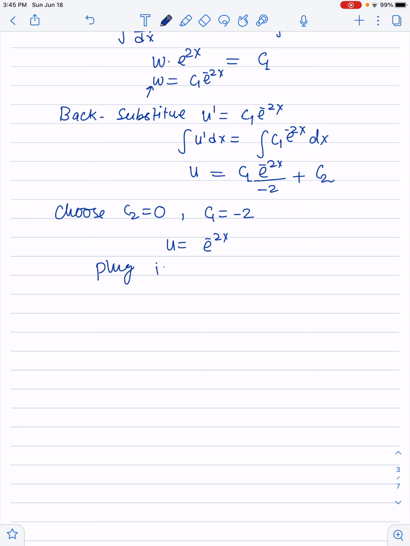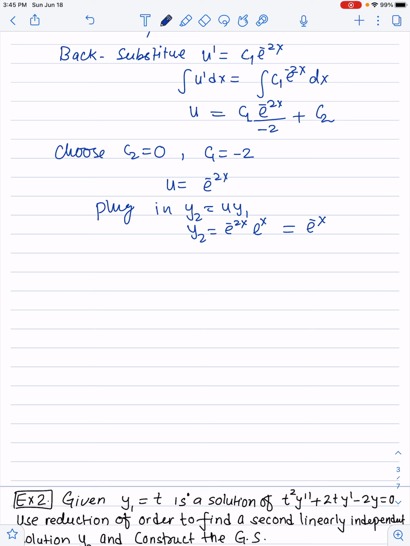Plug in y2 equals u times y1, which is e to the negative 2x, and my y1 was e to the x. So it would be e to the negative x. So y2 is e to the negative x, right?